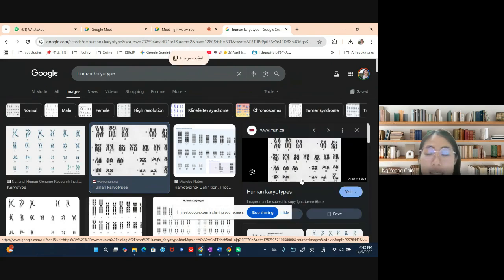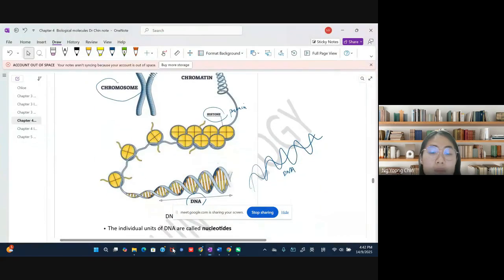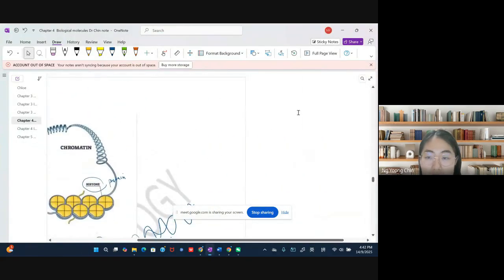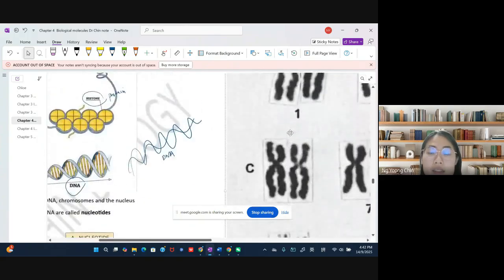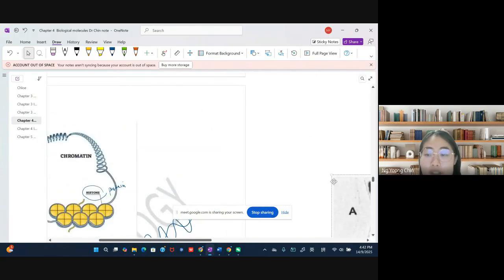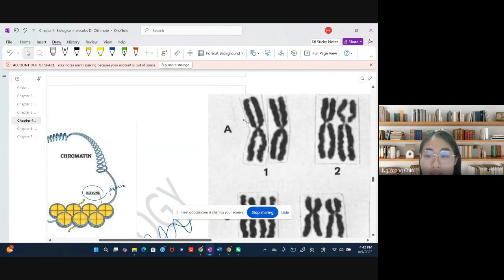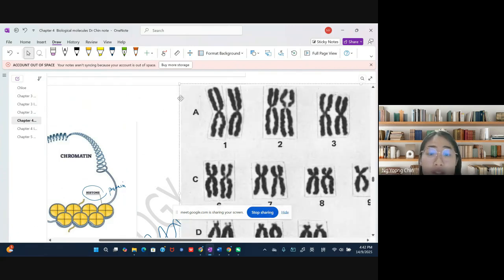Okay, means that they just isolate maybe your hair cell or the skin cell, right? And then they do what we call genetic analysis, and then they will come up with this one. Yeah, human karyotype. So it means that in our human body cell, right, we contain about 46 chromosomes. Okay, so the number is about 46.